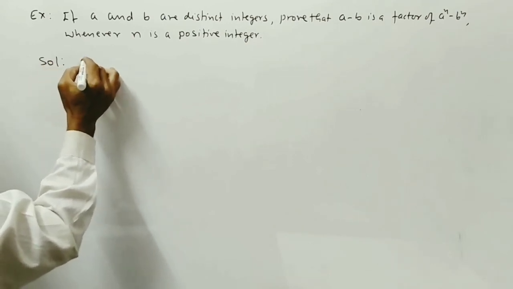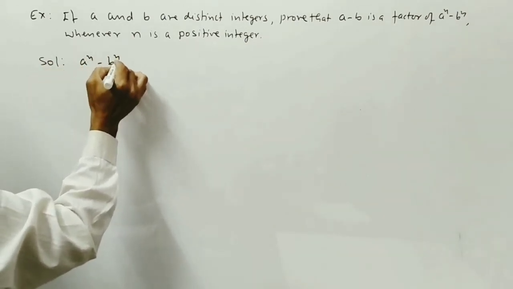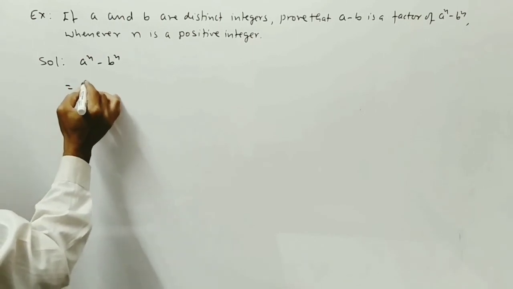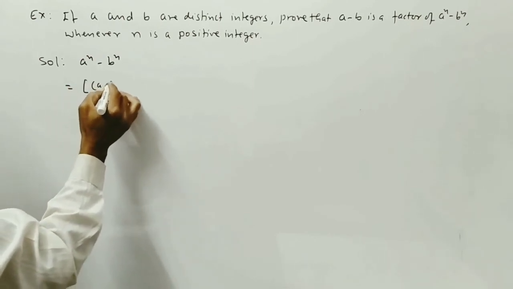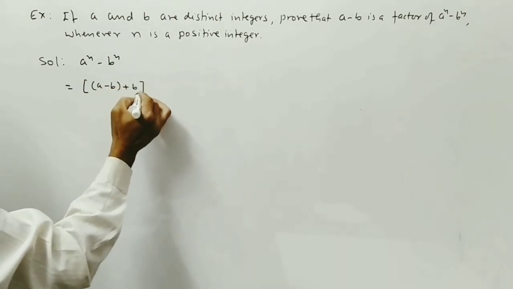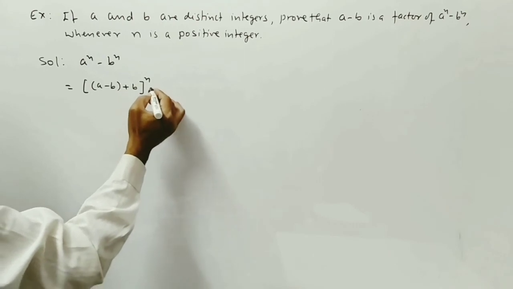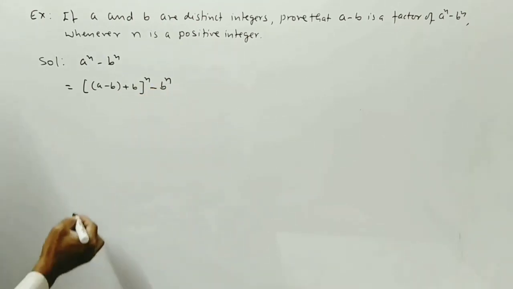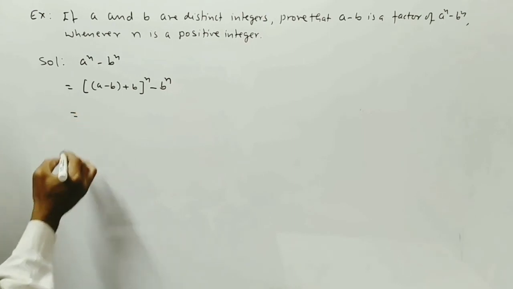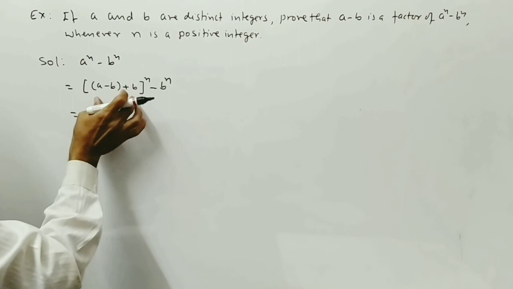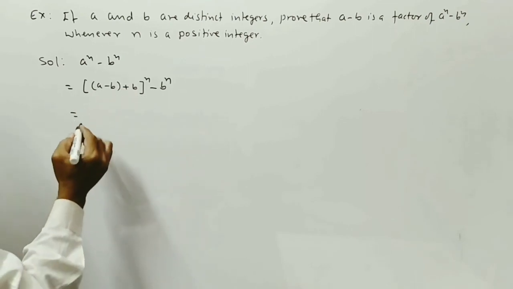Let us take a raised to the power n minus b raised to the power n. a raised to the power n can be written as (a minus b plus b) whole raised to the power n minus b raised to the power n, which is equal to, we can expand this binomial by using the binomial theorem.